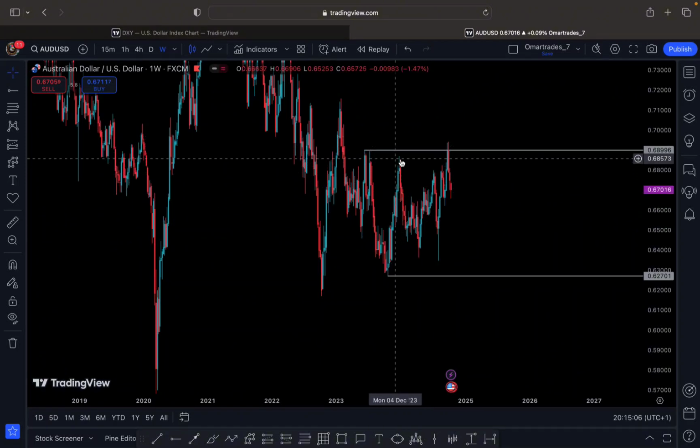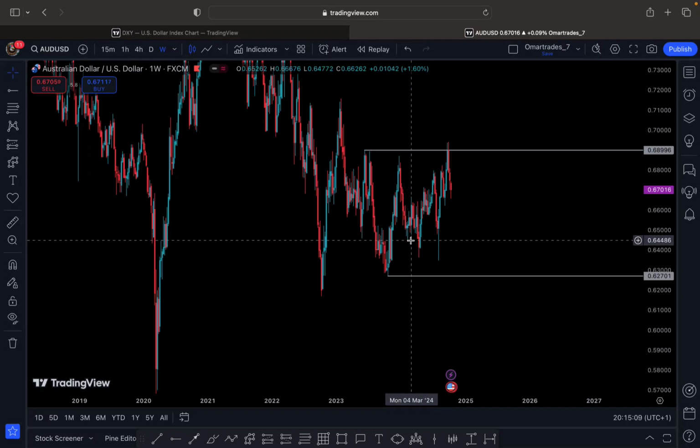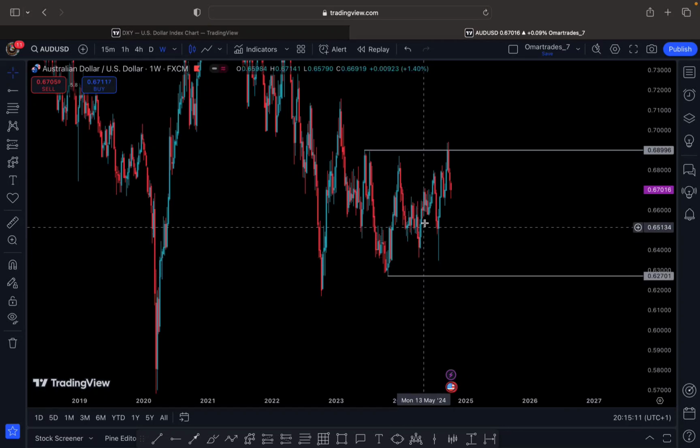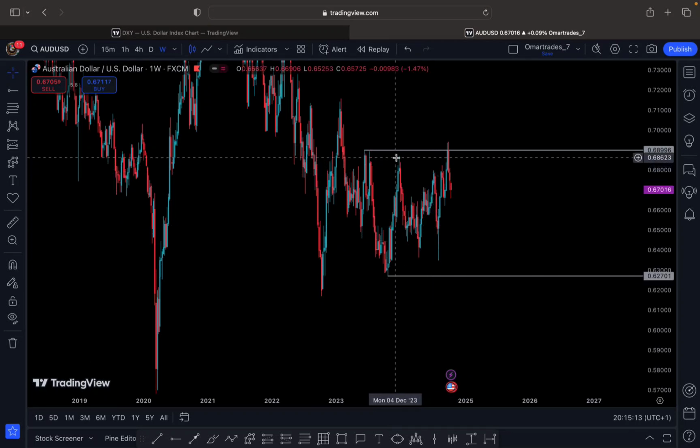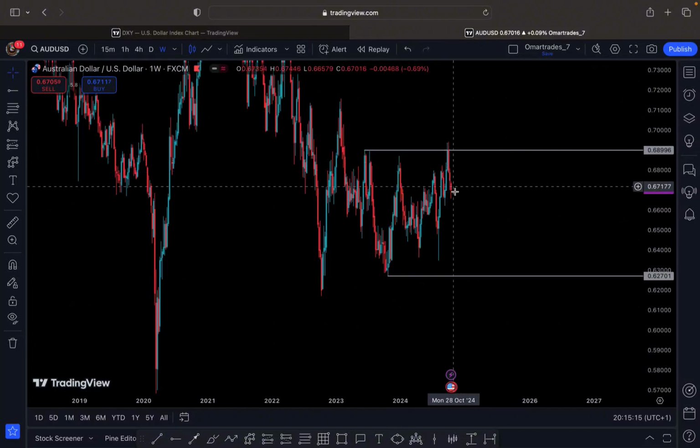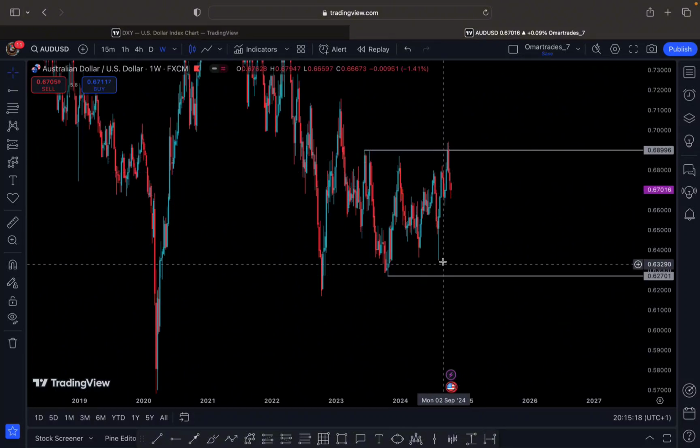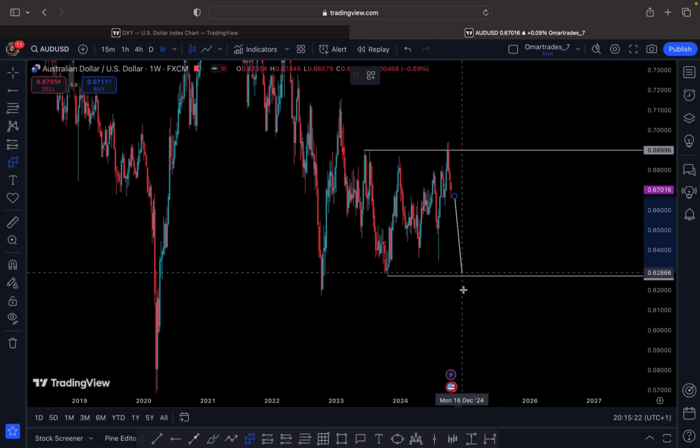Initially it gives a gap, it near misses it, it pushes down, near misses this one. What happened? It came back down, took out this, took out all the liquidities, and then began to drop. Now we had a gap right here, so it is imperative that price comes back and fills out these areas.